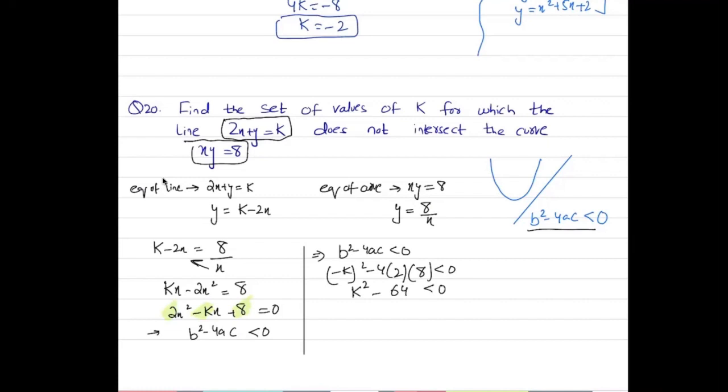Now, guys, this becomes your quadratic inequality. So it's k squared minus 8 squared, which is equal to k plus 8 times k minus 8. Remember, these are the factors. So what is going to be the range of values of k? Guys, come on, this is quadratic inequality. We have done this in the previous classes.